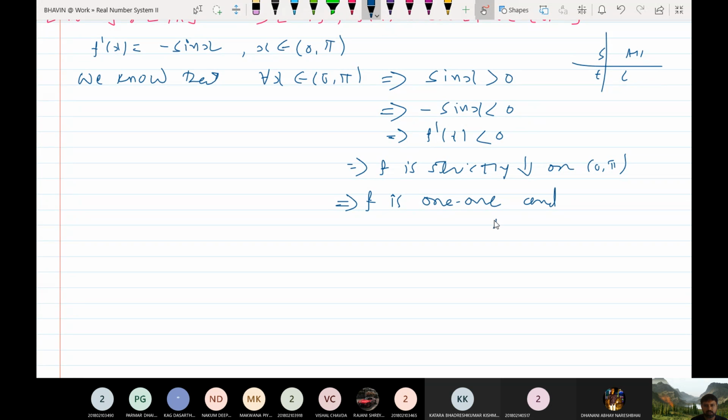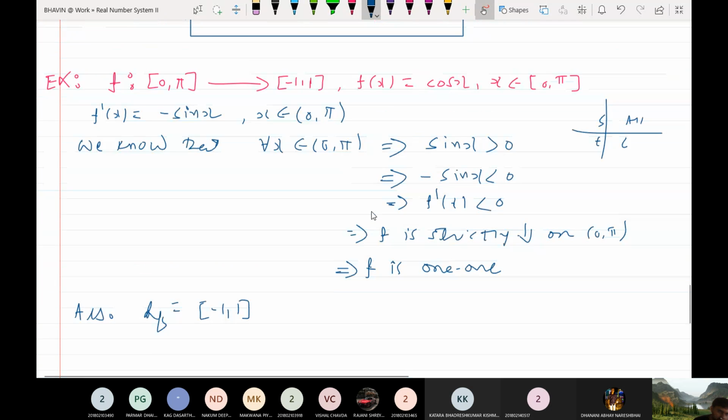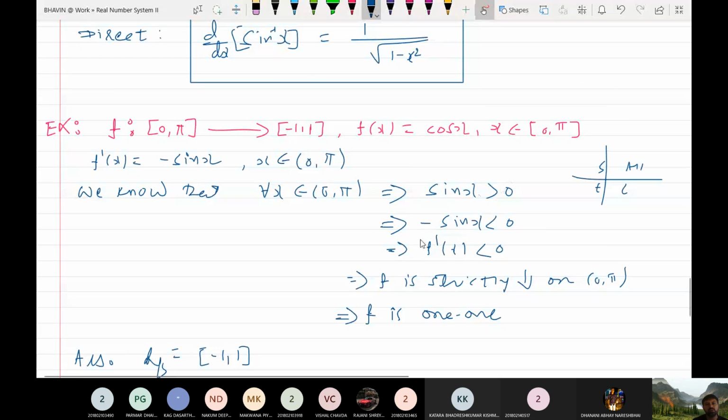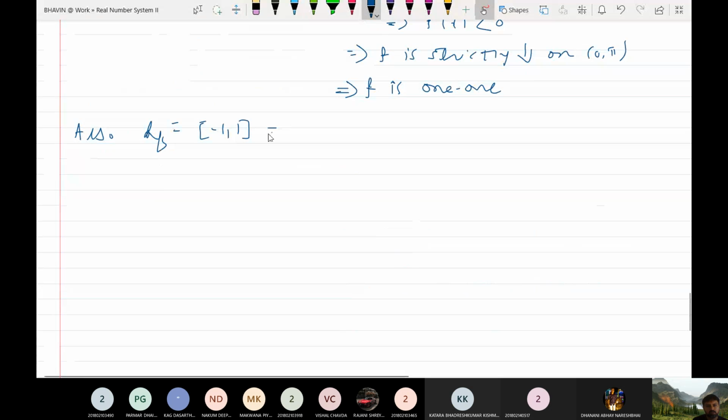And what is the range of f? Also, the range of f is -1 to 1. Okay, which is equal to the range of the cos function, -1 to 1, and which is equal to the codomain of f, or you can say that f is an onto function.